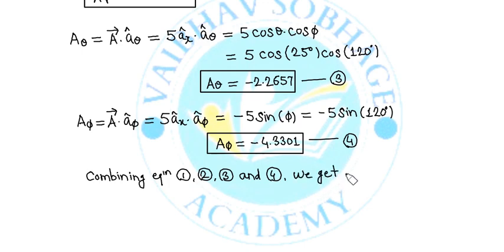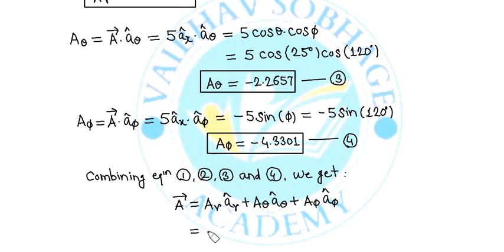I am going to rewrite it again for you so that you will not get confused, or if you have screenshots or are taking notes over here, you will see that we have expressed that vector A in terms of the spherical coordinate system as A_R, A theta and A phi.